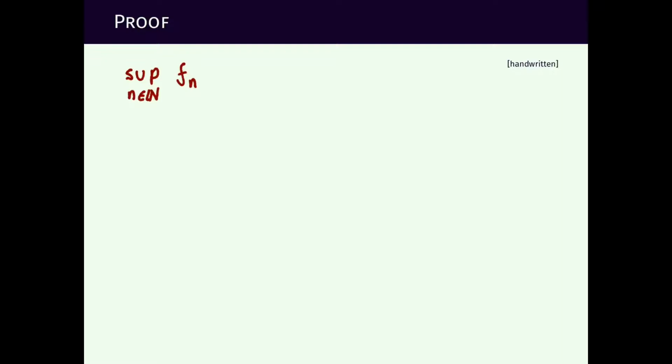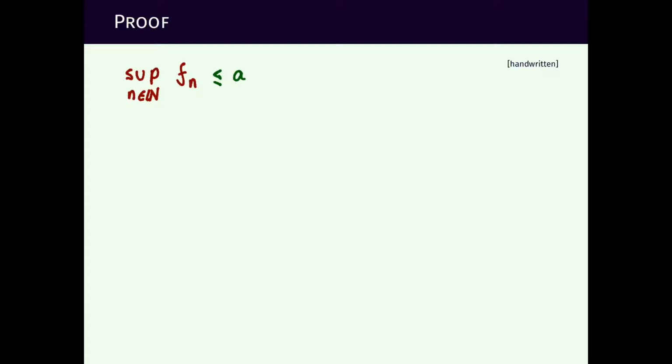So we want to prove that this function, the function given by the supremum over natural numbers of fn, and again, what does it mean? It means for each little omega we compute the supremum, and then we call that supremum h of omega, so it's a point-wise supremum, point by point, for each omega. And we want to know whether this function is measurable, whether this is an extended Borel function. So we need to consider the set where this function takes value less than a.